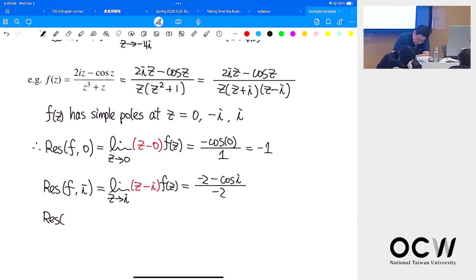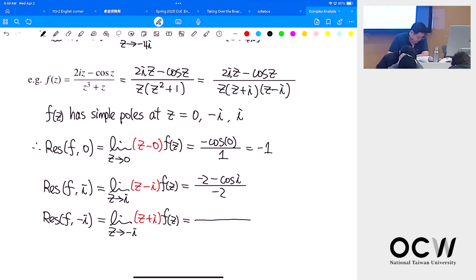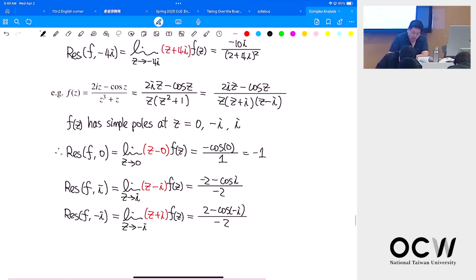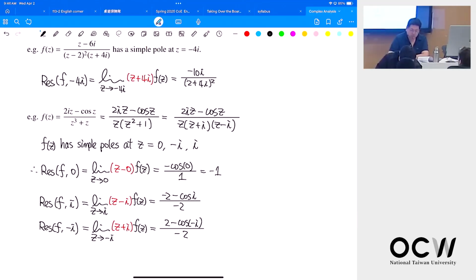And the residue at z equals minus i: we have z plus i times f of z, so 2i times minus i minus cosine of minus i divided by minus 2. All right, so now, any questions for finding the residue?